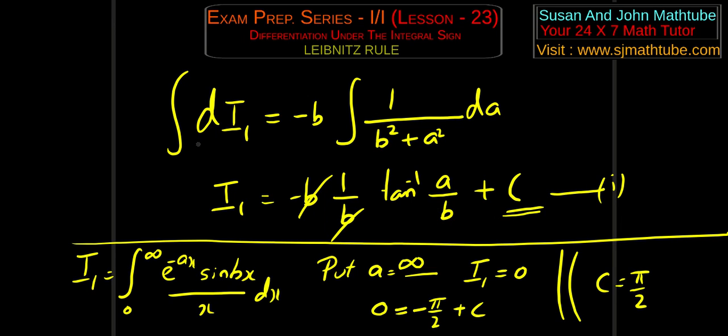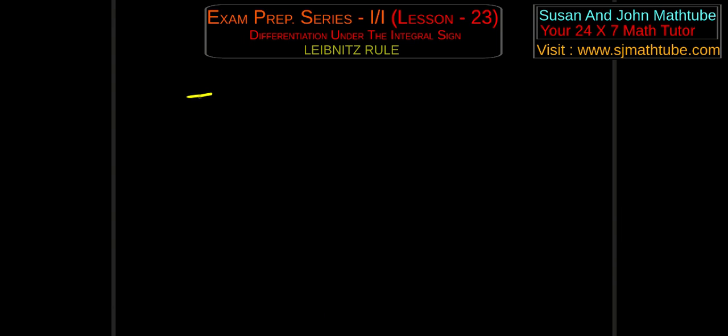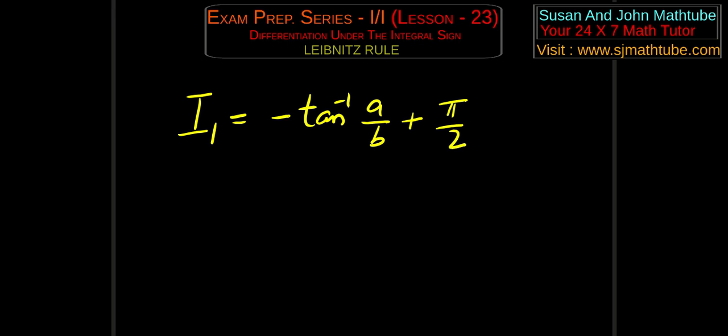So I plug in all these values in I1. So we get I1 is equal to minus tan inverse a by b plus pi by 2. And I gave you a trick earlier. Tan inverse x plus cot inverse x is equal to pi by 2. So this I1 becomes, okay, what happens here?